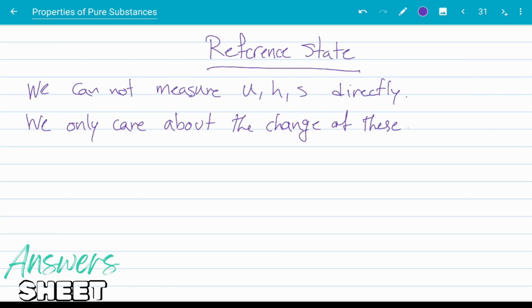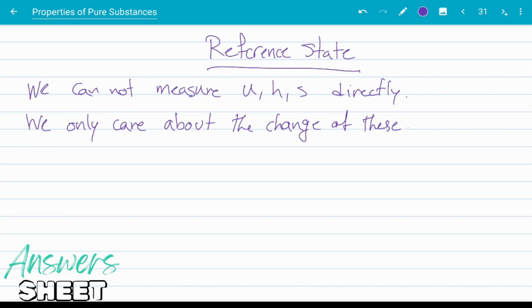So what we can do is assign a certain state as the reference point and put the values of some of these properties at 0 at that state, and then use those equations and relations to build up a value for these properties at different states.